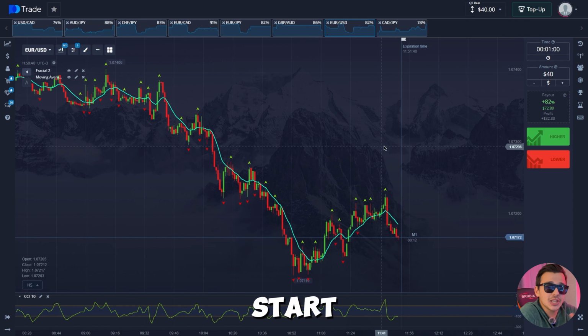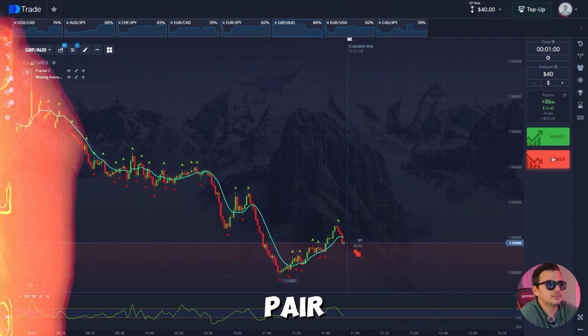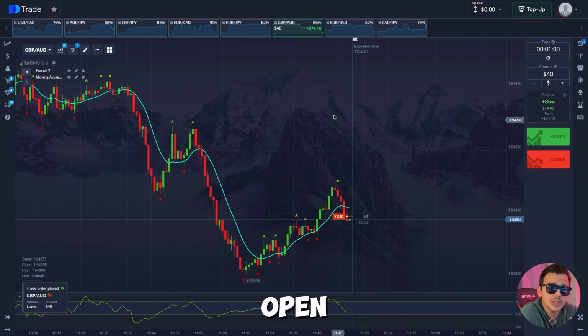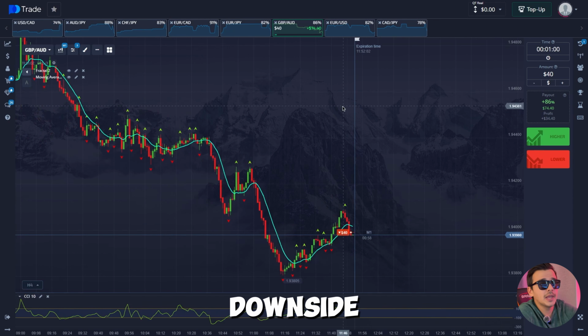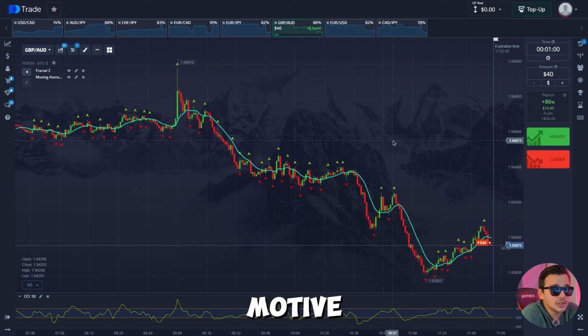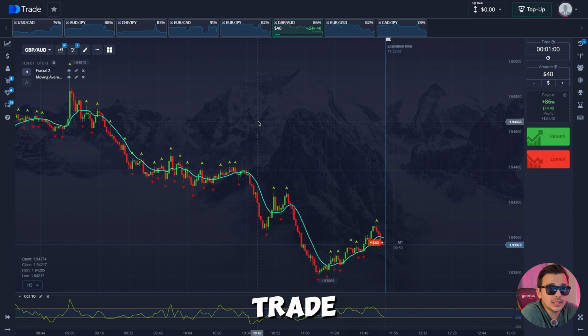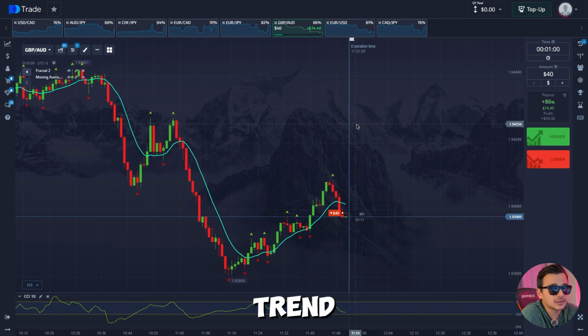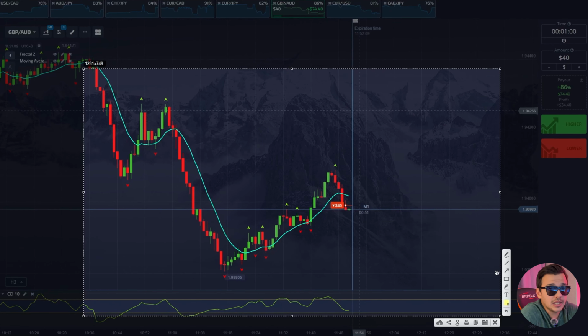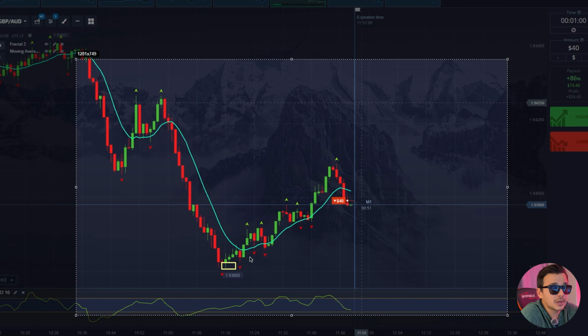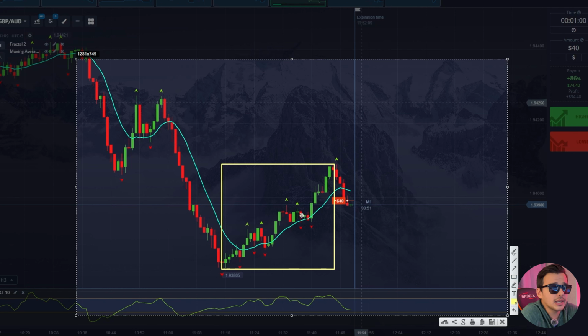So let's start trading and choose our first currency pair. This is where we are going to open the trade on the downside. Here the main motive for opening this trade is a very strong downtrend. And also the indicators show a price correction, more precisely, a rollback.